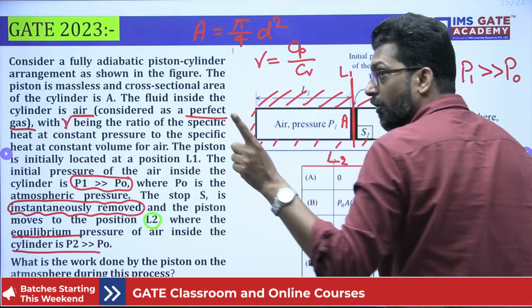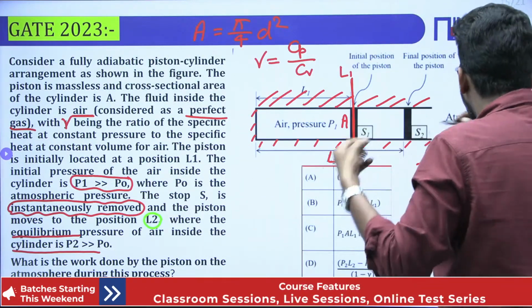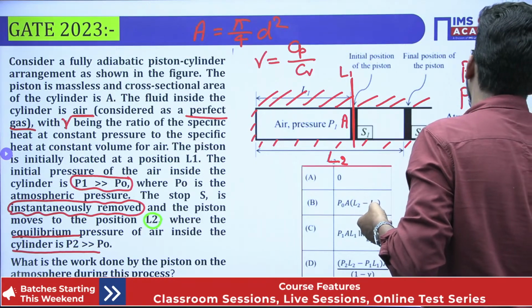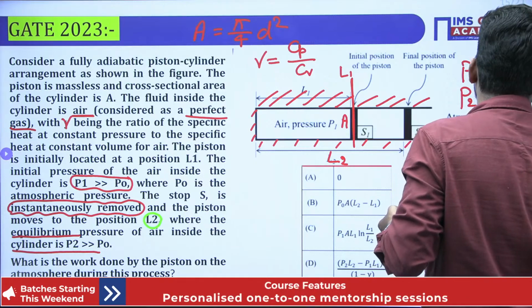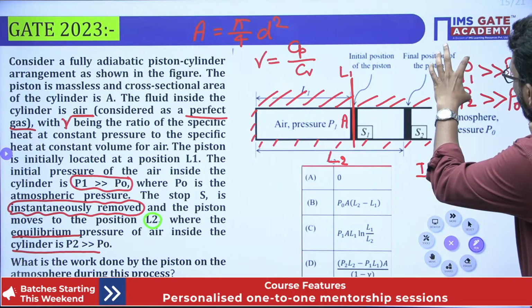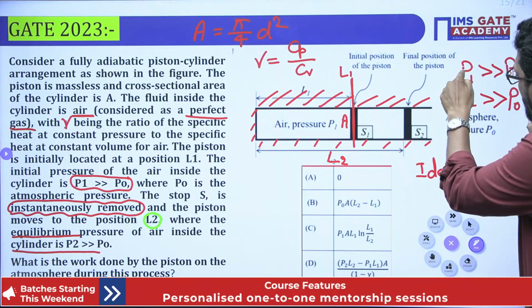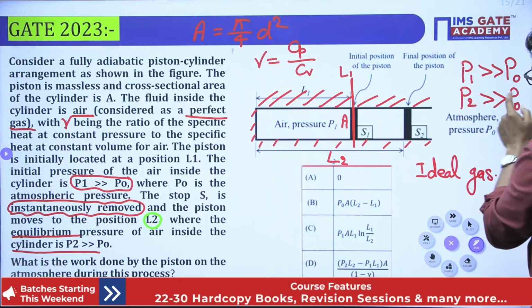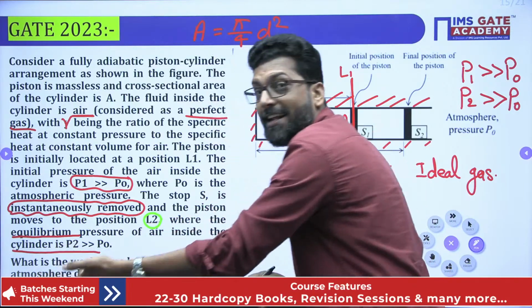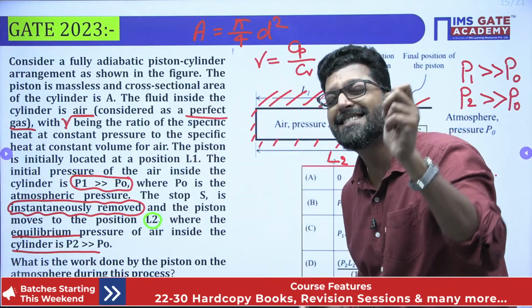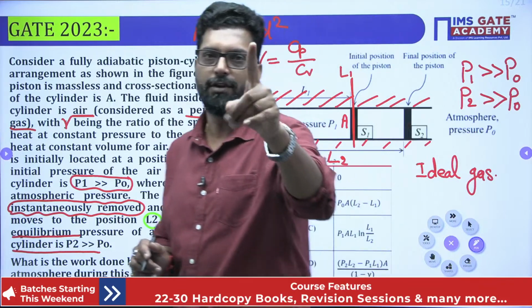Also, P2 is very, very greater than P0. If we take the change from P1 to P2, that means the pressure change is very small.